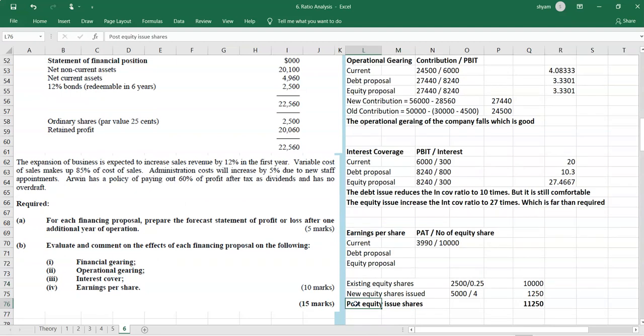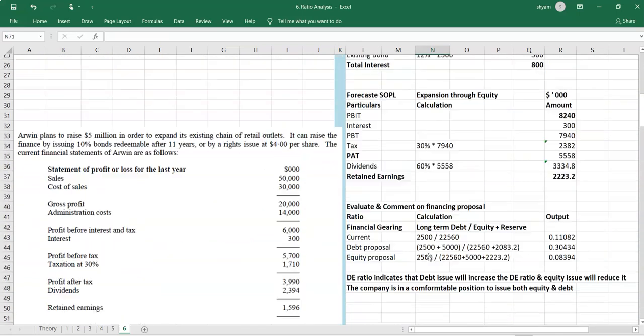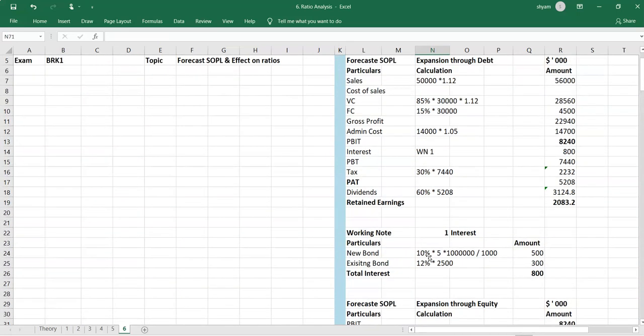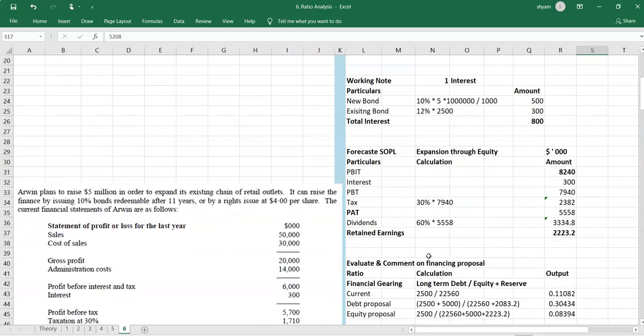So you can say that we'll get the PAT first. So PAT for debt issue is this number, and PAT for equity issue is this number. So we have got both.